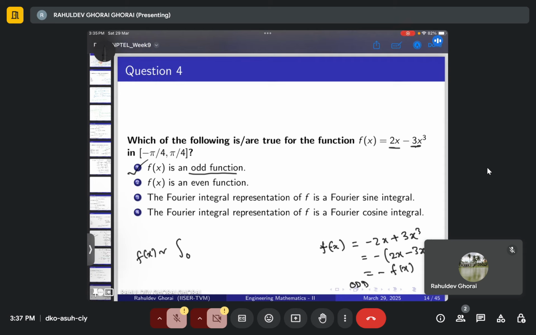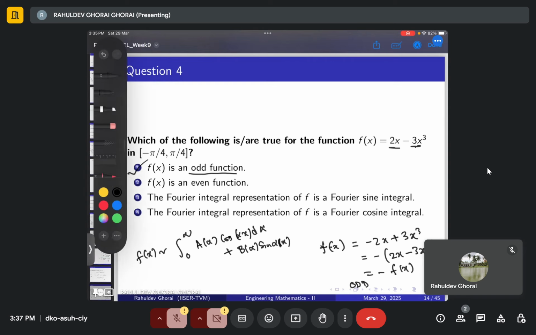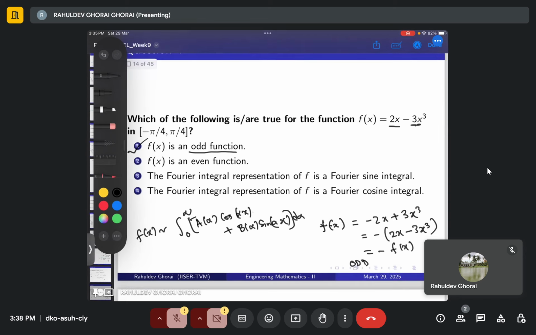If you remember, f(x) will be the integral from 0 to infinity of A(alpha) cos alpha x d alpha plus B(alpha) sin alpha x d alpha. So whether it is a sine integral or cosine integral depends on the A(alpha) and B(alpha) values.